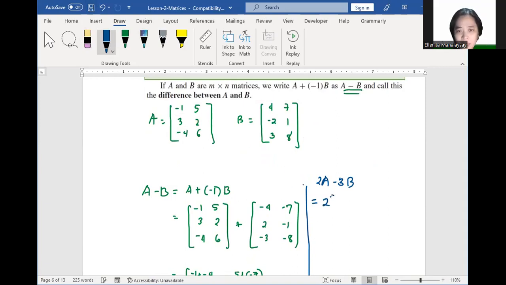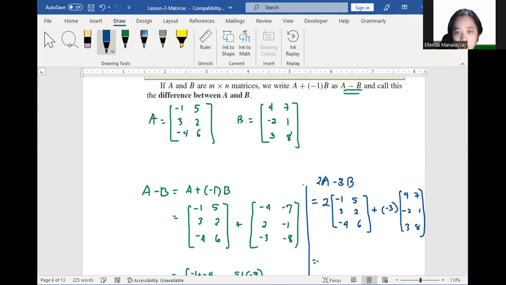That's 2 times matrix A, -1, 5, 3, 2, -4, 6, plus -3 times matrix B, 4, 7, -2, 1, 3, 8.